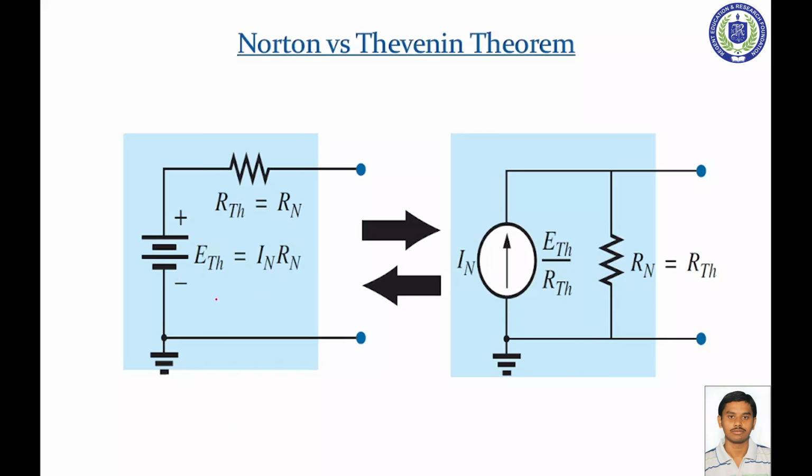In Thevenin's circuit there is the VTH and the RTH in series, and in Norton's circuit IN and RN are in parallel.